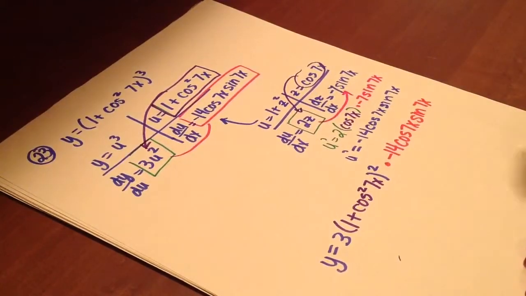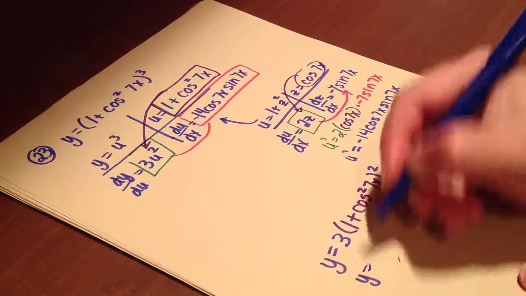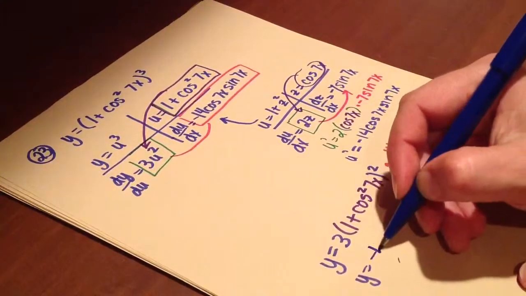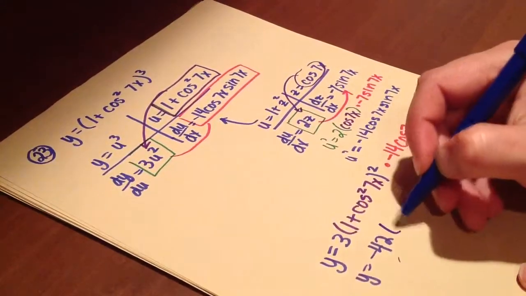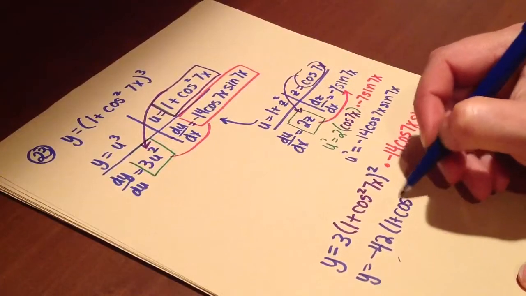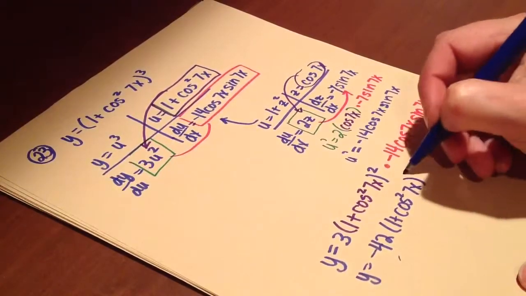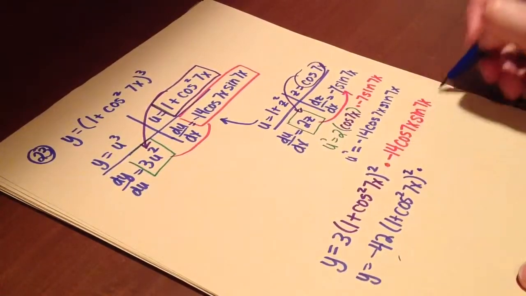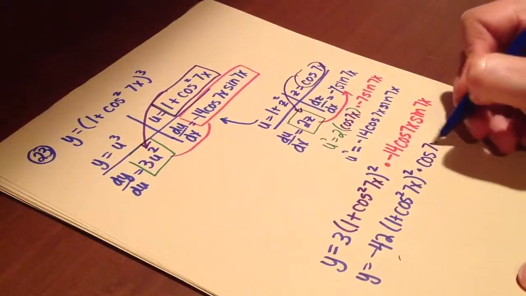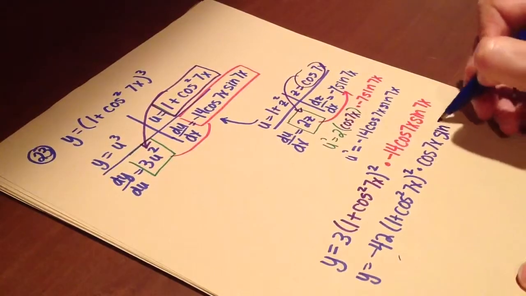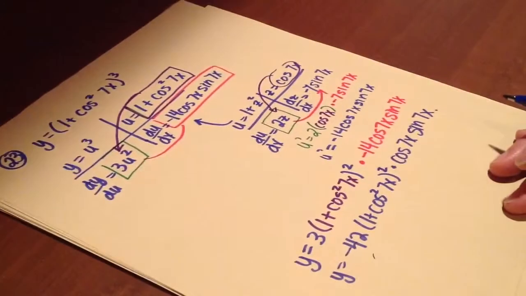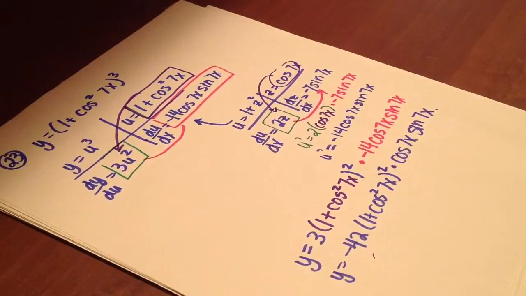Okay. Now we're going to simplify this. 3 times negative 14 is going to give me negative 42. Then I've got 1 plus the cosine squared of 7x all squared, times what's left over here, which is cosine 7x sine of 7x. Okay, interested to see which method you choose, to just use the chain rule or to use this table method.